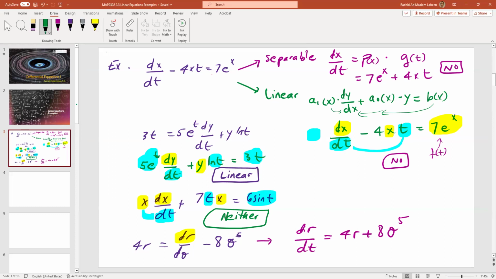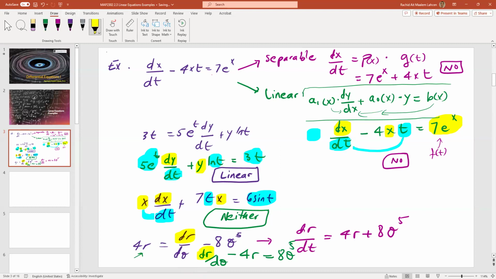So what I will do, I will write it in this form. That's linear. Okay, so dr by d theta, because this may look to be a problem, but if I put it here and I put the other there, now let's use the colors. dr, r, that's okay, expected, just like dy and y is expected.